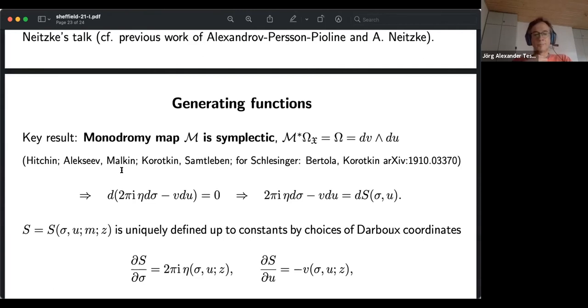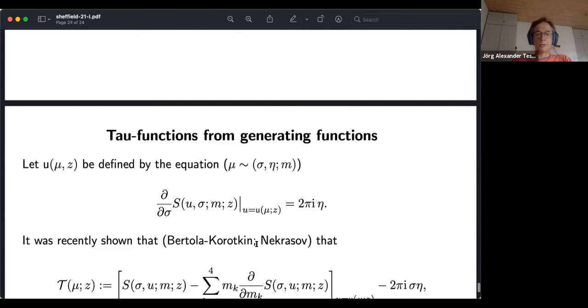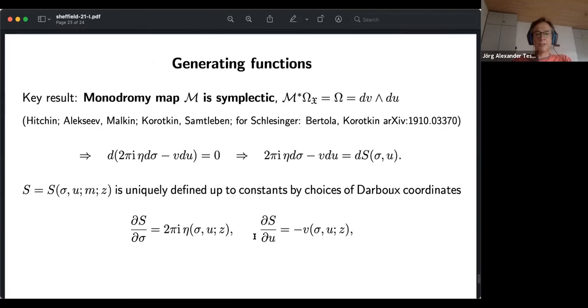And that could come, though I don't claim that I understand it in full yet, from a relation which has been pointed out by Bertola and Korotkin, and in a somewhat different framework derived by Nikita Nekrasov, between a generating function for a certain change of Darboux coordinates, which I will introduce quickly in a moment, and the tau function.